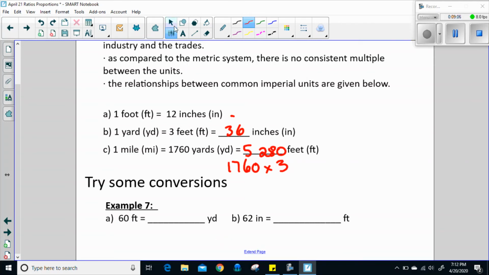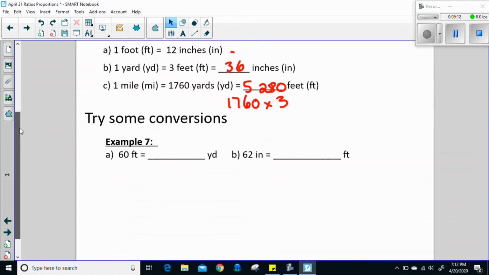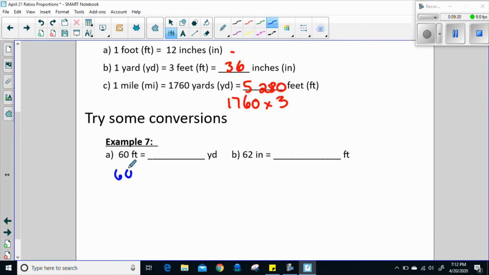I want to convert 60 feet into yards. So to do this, I'm going to set myself up some ratios here. I'm just going to switch off the red for a second. And I want to know 60 feet is how many yards. So I'm doing a proportion between feet and yards.